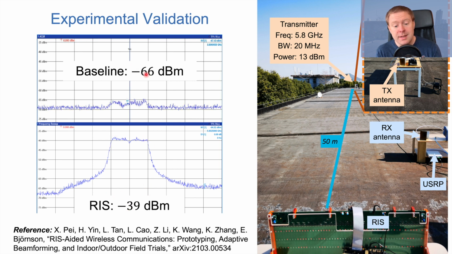We go from minus 66 to minus 39 dBm. So there is really more than a 20 dB, rather 27 dB improvement here. So it really shows that the surface is able to reconfigure itself to reflect signal energy into this horn antenna.